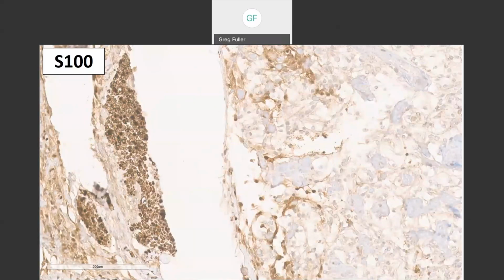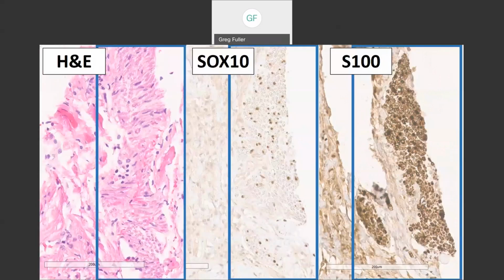Yeah, unequivocally. So let's put them all together. We recognize it as pathologists, particularly as surgical pathologists. We can recognize tiny fragments of cauterized peripheral nerve. It's easy to recognize if you have an eye for it, and it's very important. And then when I give you the SOX10 and the S100, that's just confirming it. The Schwann cell nuclei, 4+ positive for the SOX10, and of course S100, the same thing.